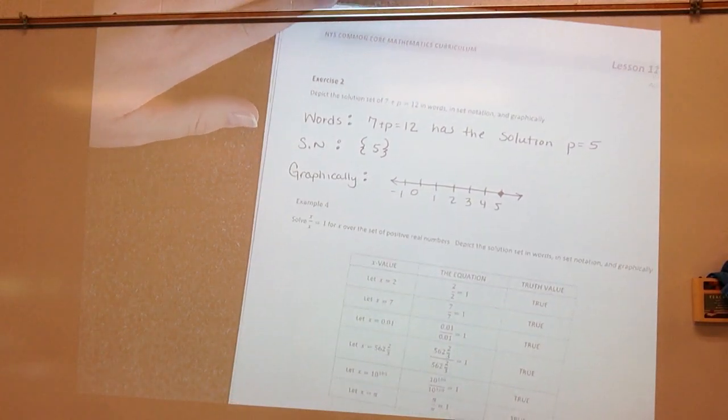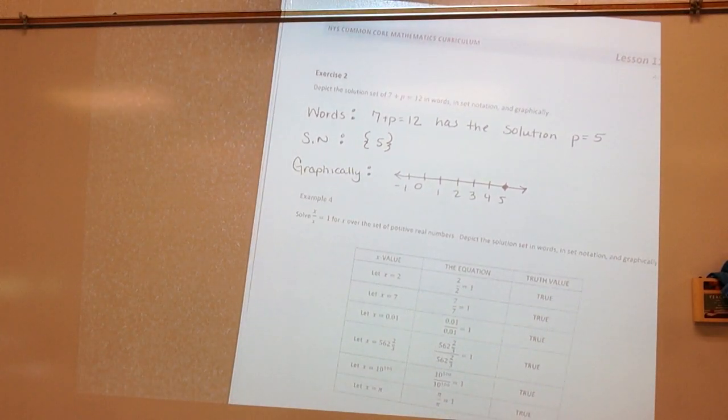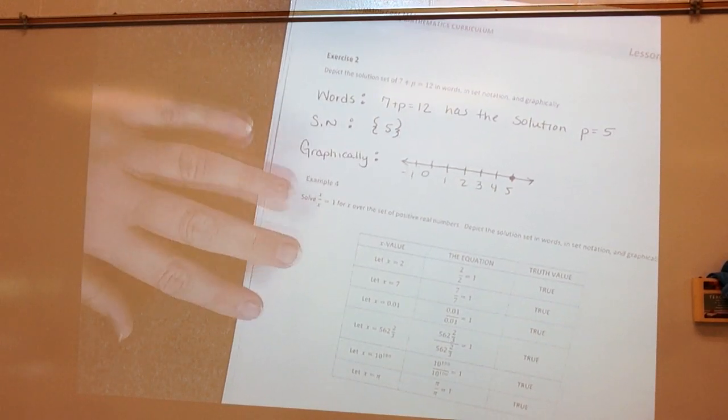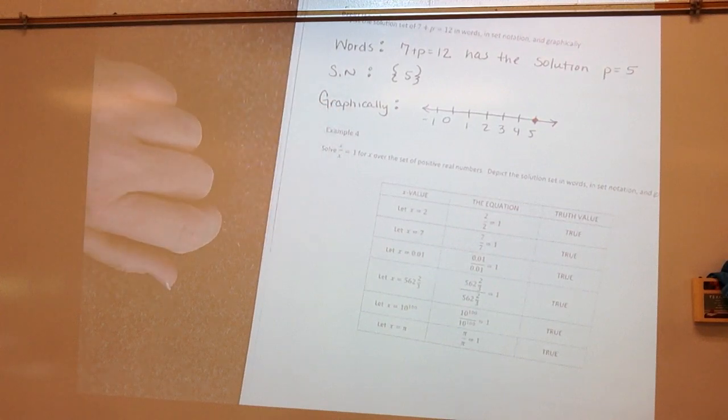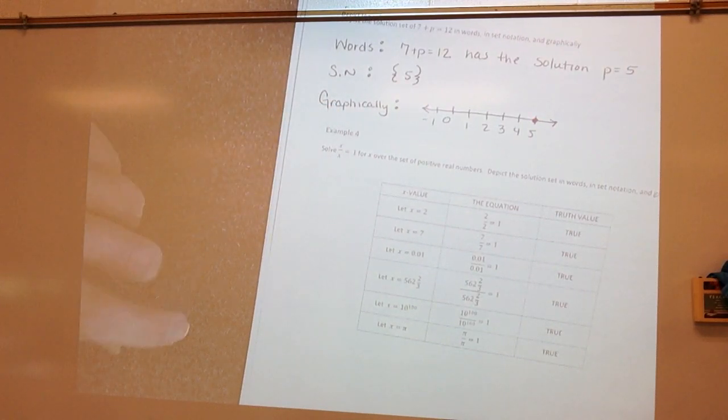Example number 4, solve x over x is equal to 1, for x over the set of positive real numbers. Depict the solution set in words, in set notation, and graphically. Guys, looking at this, x over x. It's not going to matter what number I put in there. Can I put 0 in there?